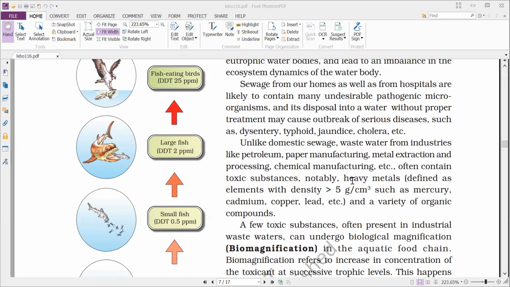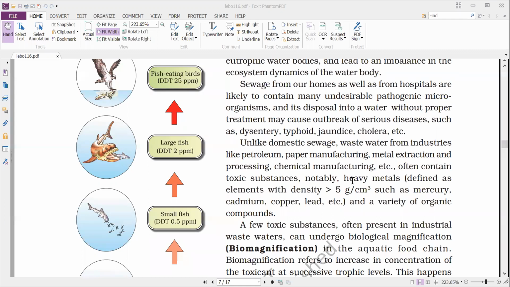Okay, sewage from homes. If they are discharging sewage, they are not only discharging wastewater, they are also discharging a lot of pathogenic microorganisms.